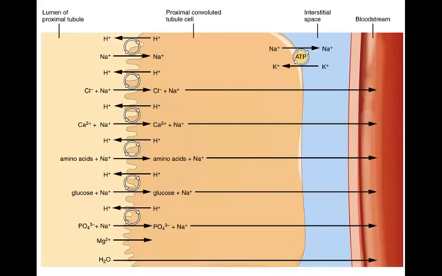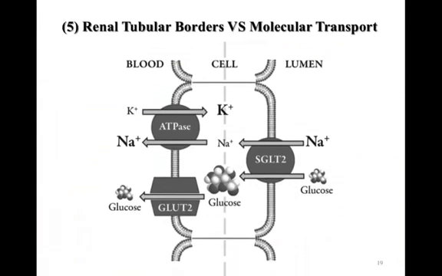An example of co-transport is glucose reabsorption from renal tubules, which needs the sodium glucose transport protein SGLT2 to cross the luminal border, and the glucose transport protein GLUT2 to cross the basolateral membrane.